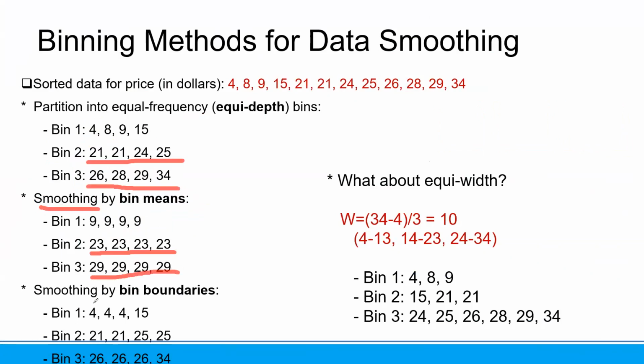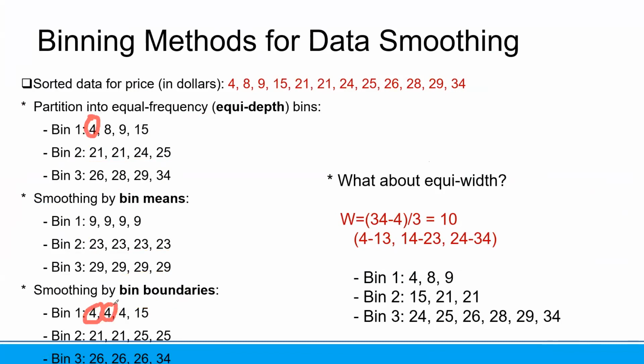We also can do smoothing by bin boundaries, by looking at the closest value, the minimum or the maximum. How? So here, 4 is the minimum. Okay, so we will keep the number 4. How about the second?